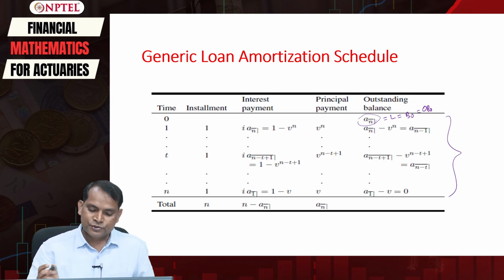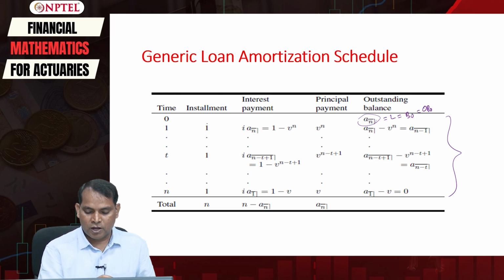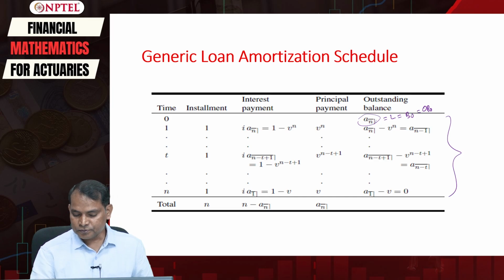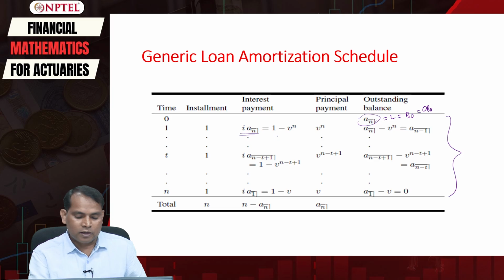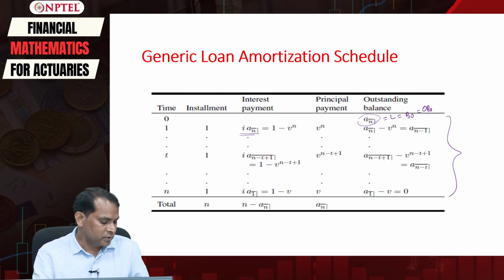And the installment amount is 1 because we had a unit installment. The interest payment is i times this, i times a angle n at i, which will become 1 minus v to the power n. Then this is the principal reduction.